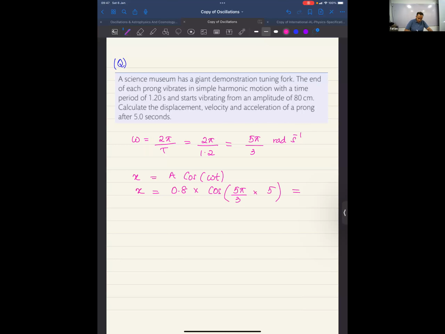That will give you the displacement, 0.8 into cos. I'm getting 0.4 meters, or if you have got it in centimeters, it would have been 40 centimeters. Correct? Yes?